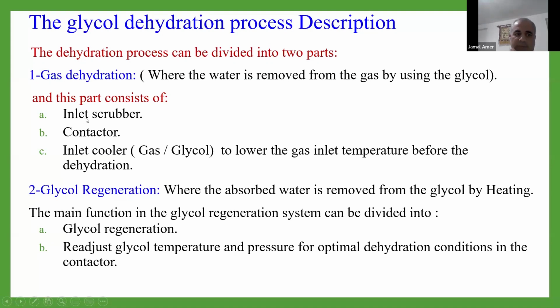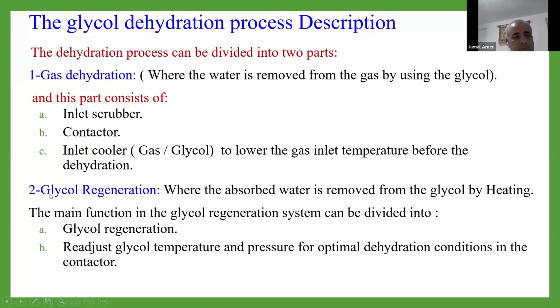Of course, we have the inlet scrubber, contactor, and inlet cooler. Here the contactor is the main equipment in the glycol dehydration, where all the exchange of water vapor between the gas and the glycol will happen. This depends on the type of the contactor.